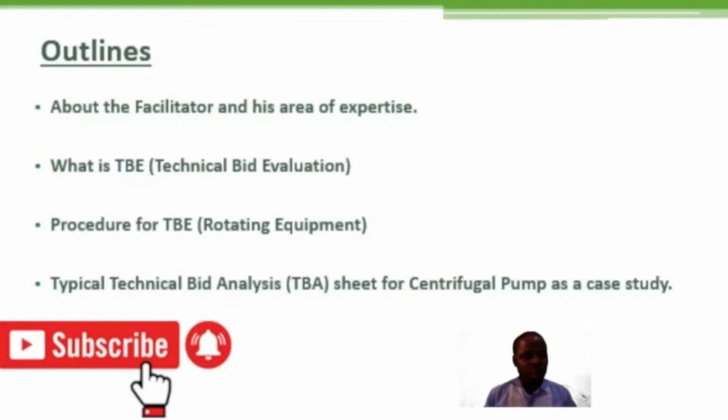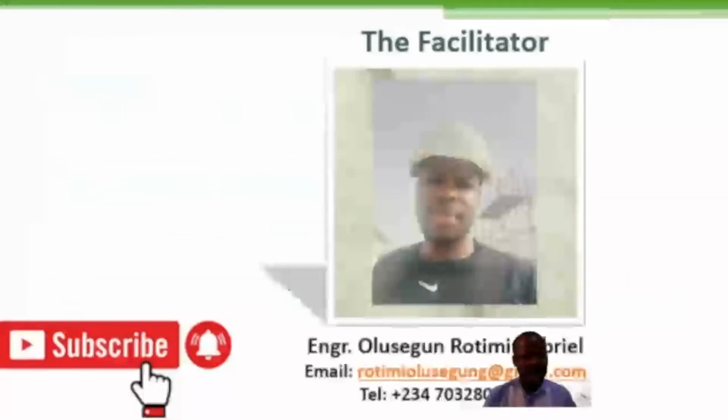And lastly, we will look at typical technical bid analysis sheets for centrifugal pumps as a case study. Whatever you learn today, you can make use of in your respective company and projects. So straight away I will move to the introduction about myself.